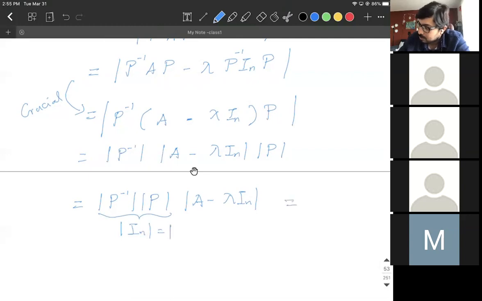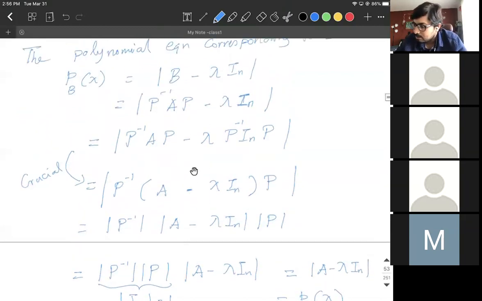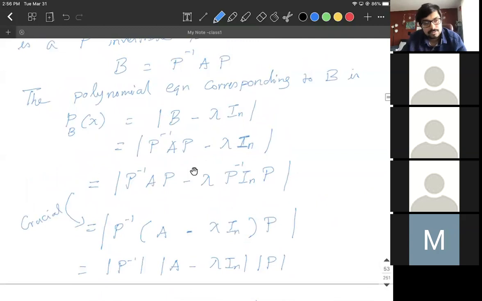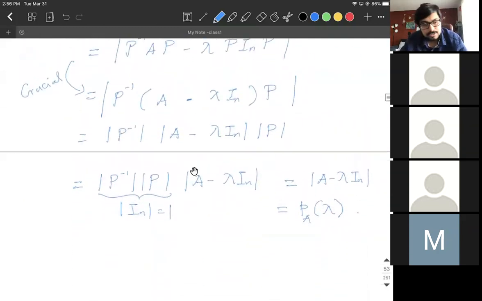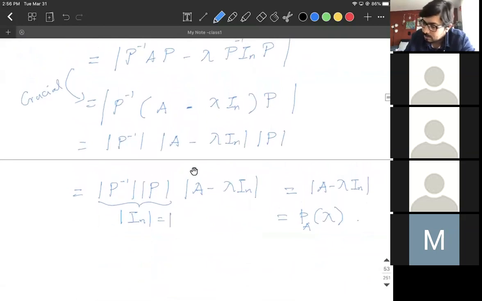So finally what we get is just the determinant of A minus lambda I_N, which is nothing but the polynomial equation corresponding to A. So the polynomial equation corresponding to B is the same as that corresponding to A, and so P_B of lambda equals P_A of lambda.